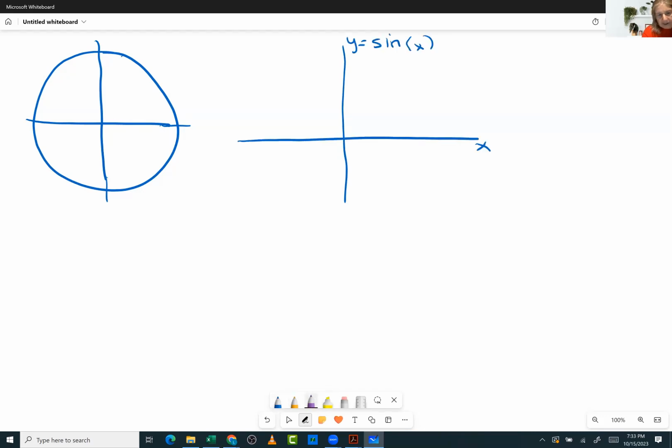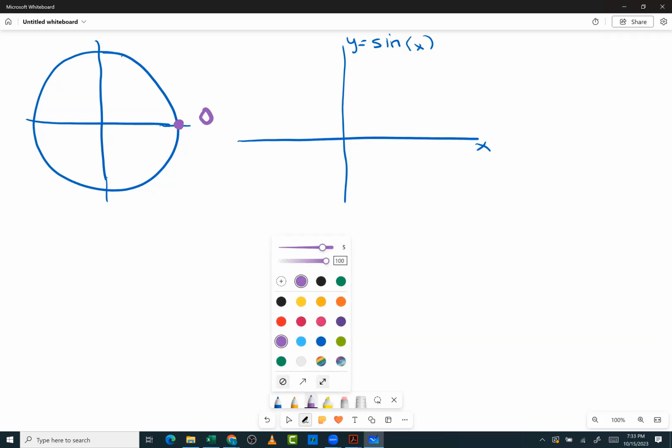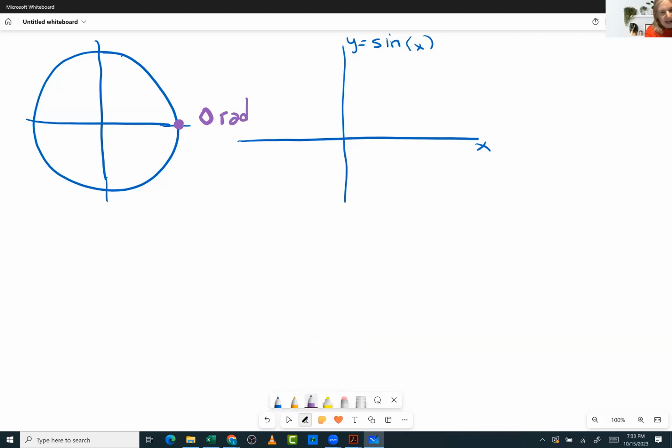Now, if I want the sine, here I'm at 0 radians, and the point here is 1, 0. So I know that at 0 radians, the sine is equal to 0 because the sine is always the y value of this point. So I'm going to start off here with 0, 0. So far, so good?